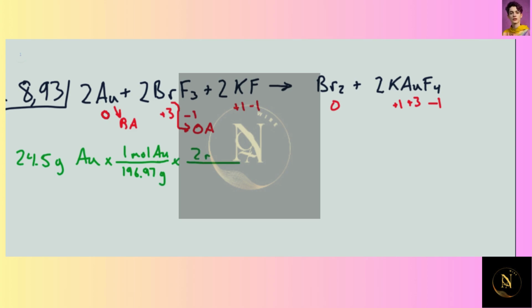We have 2 moles of KAuF4 for 2 moles of Au. So if we do this, we can see that we would produce 0.1244 moles of the salt. So we want to do this for the other 2 reactants, and the one that gives us the smallest value will be the limiting reagent.